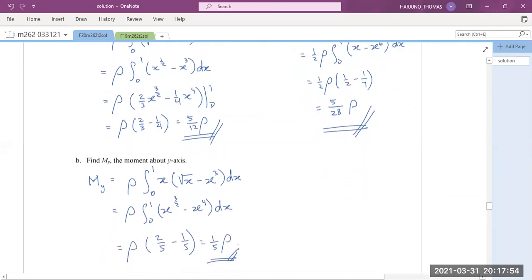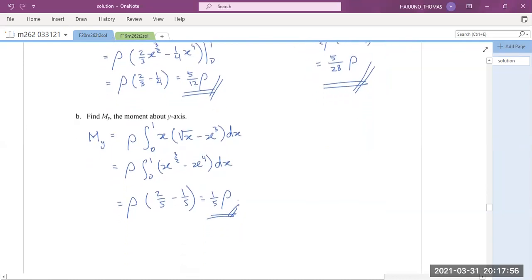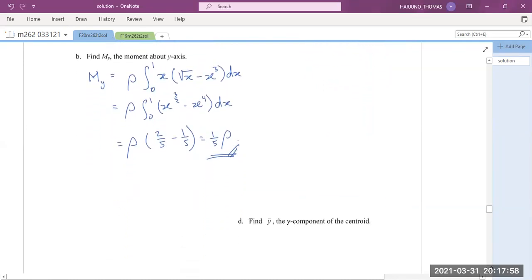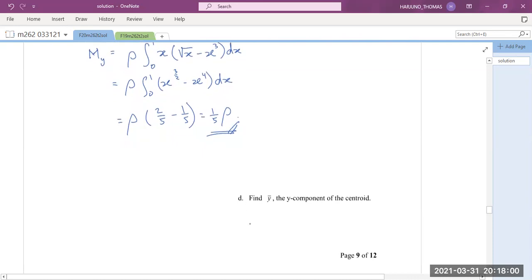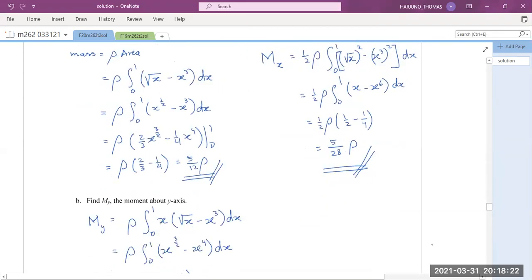So is there any question down here? What is the y bar? The y component of the centroid. Y bar is the moment with respect to the x-axis over the mass. That is 5/28 rho over 5/12.